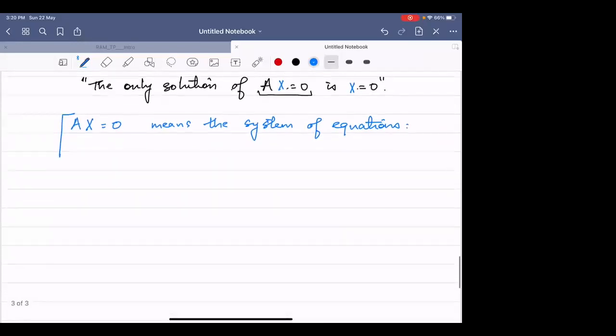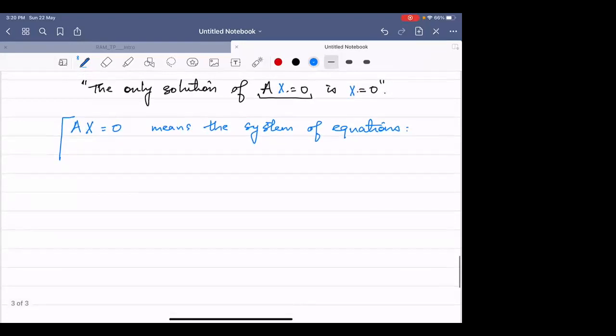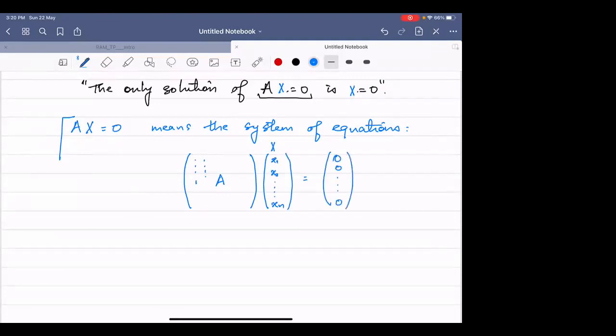that you get by, so what is A? Remember, A is the coefficient matrix, right? So A is this matrix here, in which you have these columns. X is the vector x1, x2, up to xn. So this is all happening in Rn, equal to 0, 0, 0.